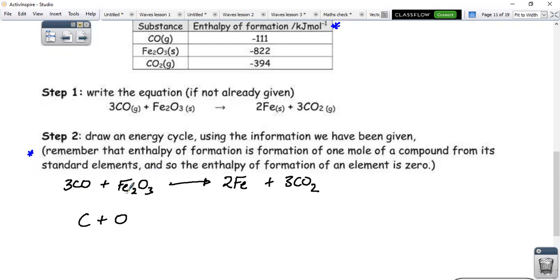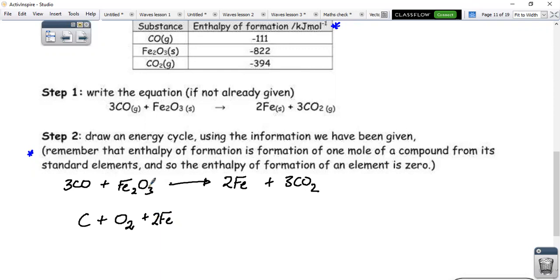Iron and oxygen, but I've already got an oxygen here, and really I should write this as O2 because this is formation. So we have to show the element, the molecule of oxygen, as O2, not just as O. Okay, so there we go, plus Fe, but it has to be balanced with what's at the top. So I need to write a 2Fe here.